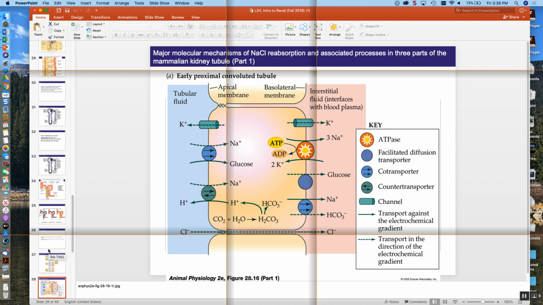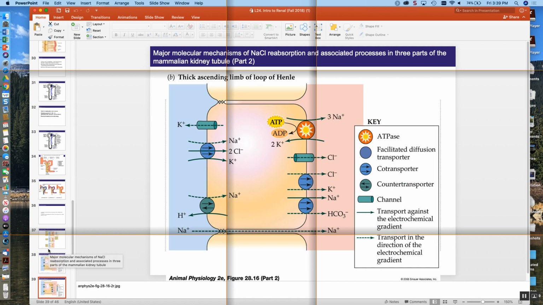And because of the way these transport properties are set up, for every carbon dioxide molecule, one proton is secreted and one bicarbonate is reabsorbed. It's never the other way around because you don't have sodium bicarbonate exchangers on the apical membrane.